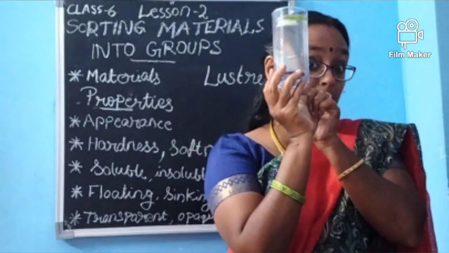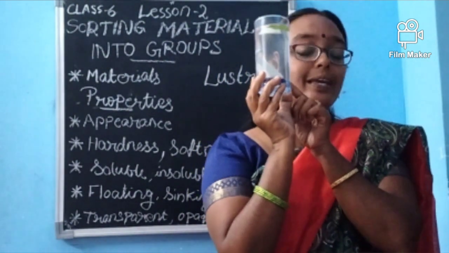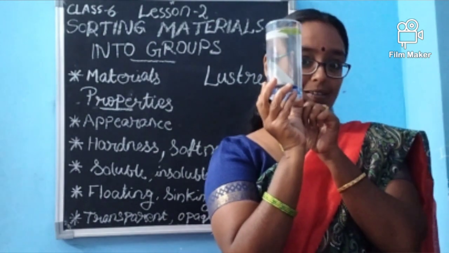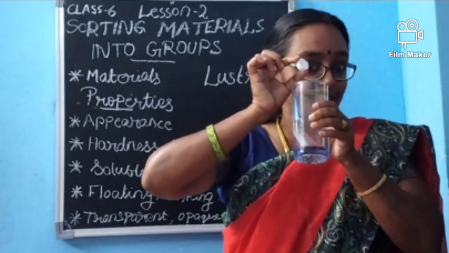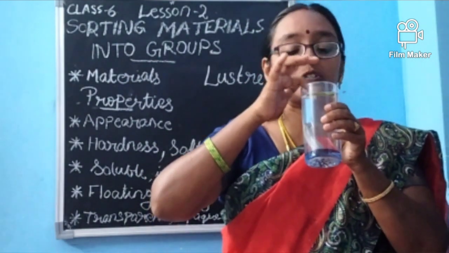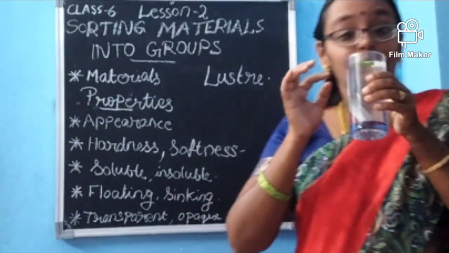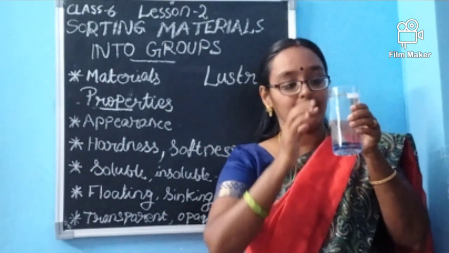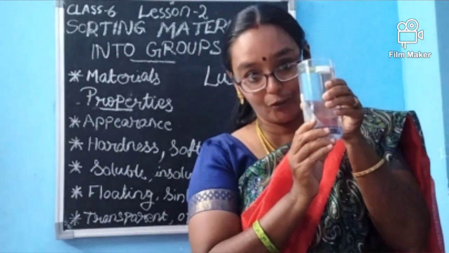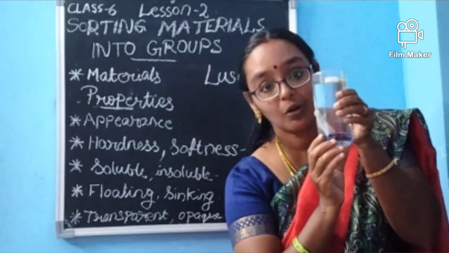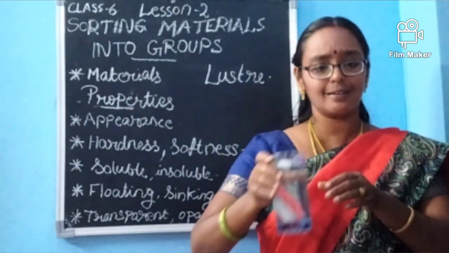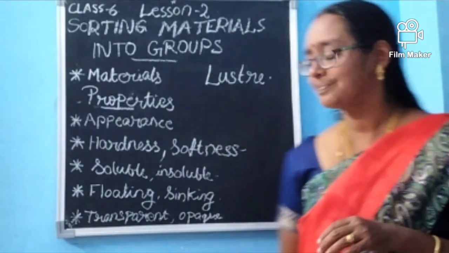Can you see? So we can say that it is sinking in water, while the leaf as well as the cap are floating. The things which are not able to come to the base, and which are present at the surface, are called floating in the liquid, and the things which are coming down are called sinking. Okay, is the content clear for you?